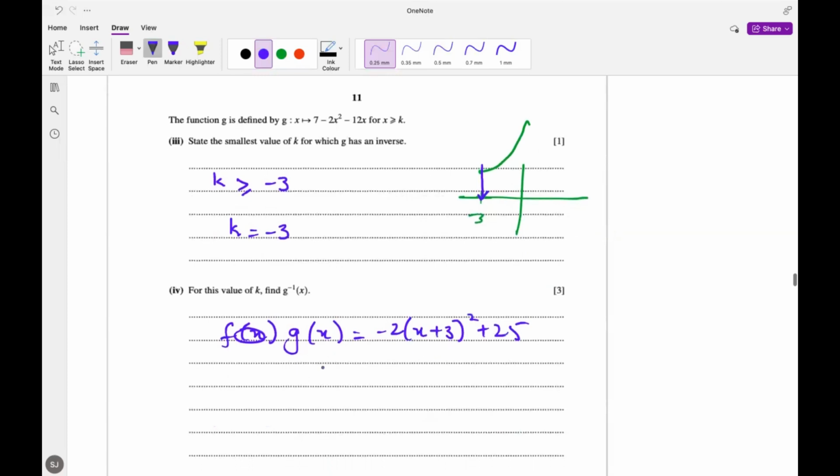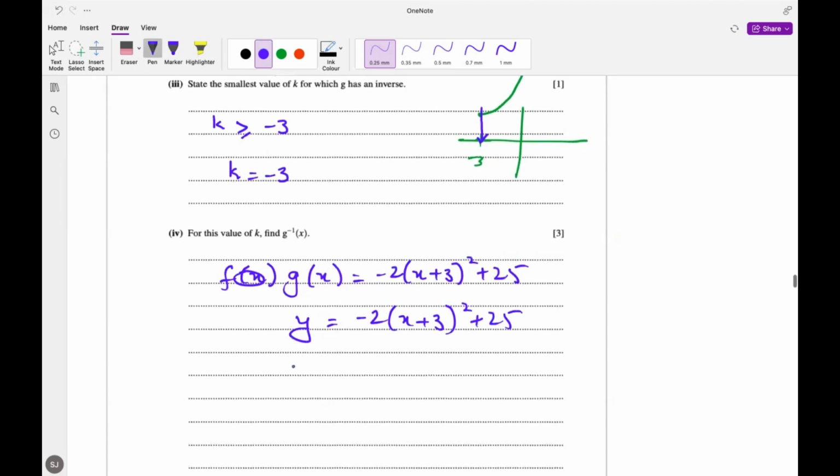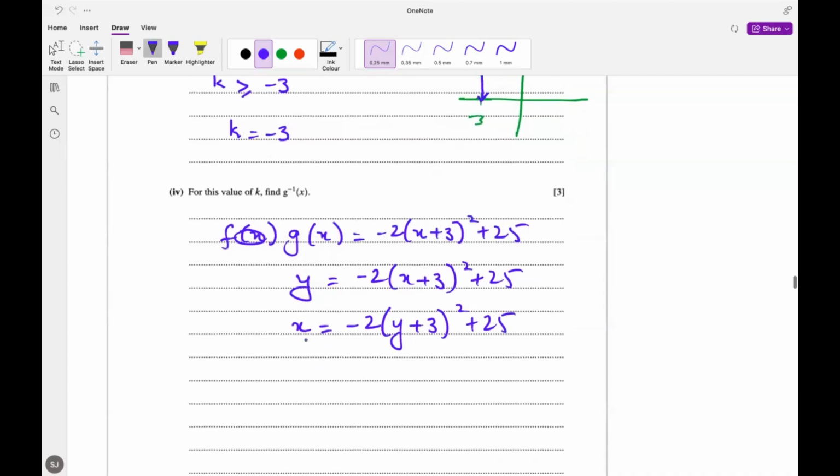Then we find the inverse by the method where we first write y in place of the function g of x. In the next step, we'll exchange the values of x and y. So in place of y, we'll write x, and in place of x, we'll write y. Now making y the subject, first we'll bring the 25 to the other side. So this will become x minus 25.